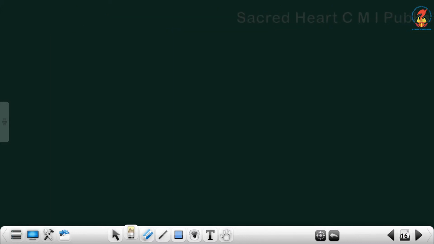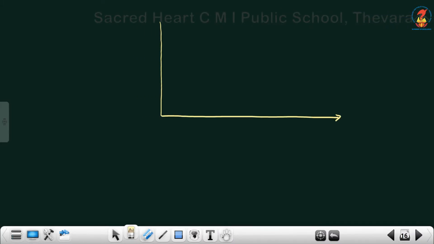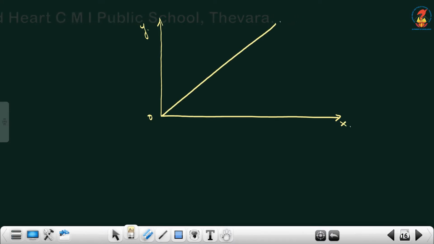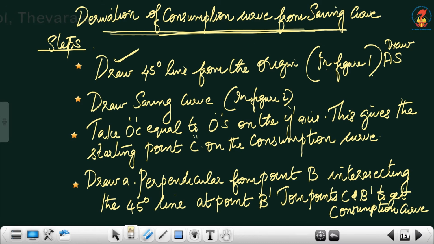So we will first draw that. The 45-degree line we have drawn, not with exact measurement. So that task is done.